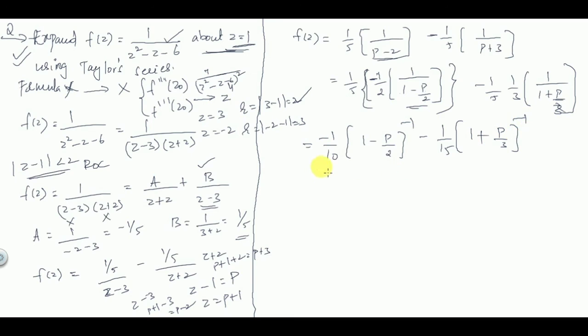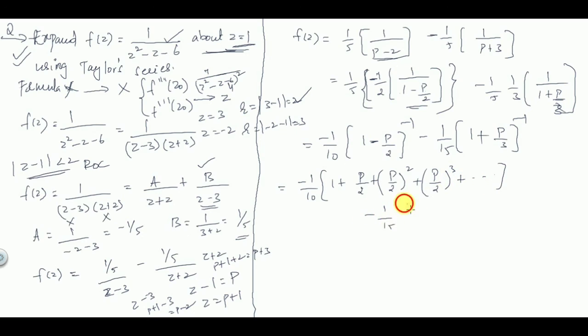Now the binomial expansion. Here both signs are negative, so we get minus 1 by 10 into 1 plus p by 2 plus (p by 2) whole square plus (p by 2) whole cube plus so on.